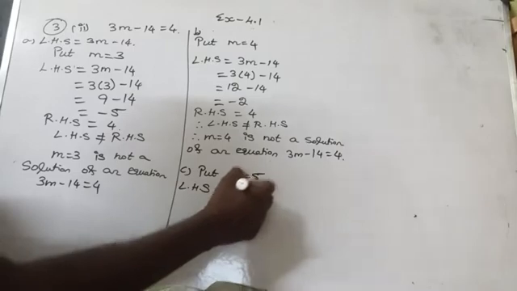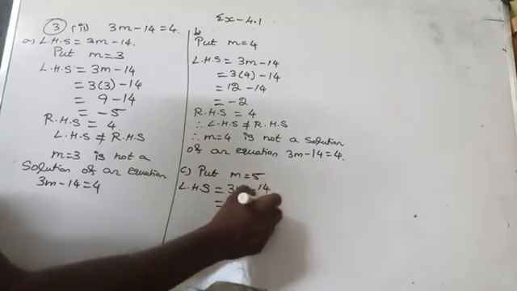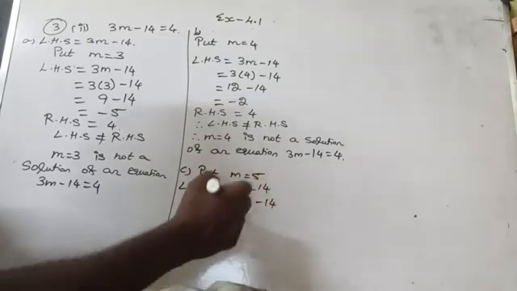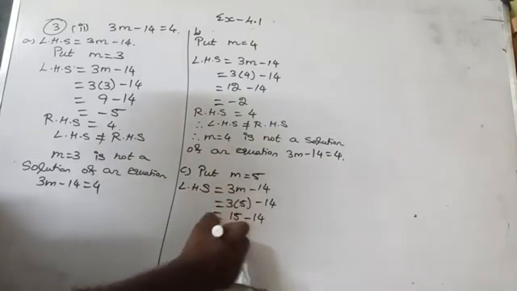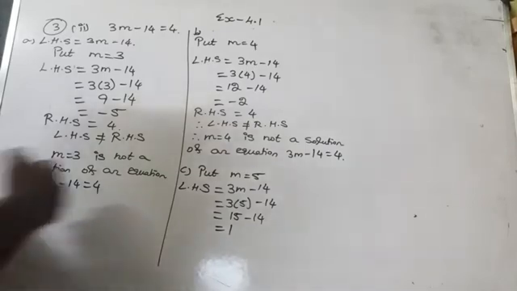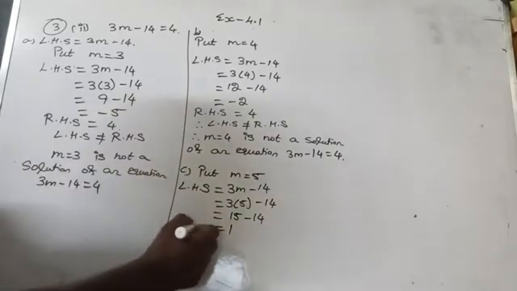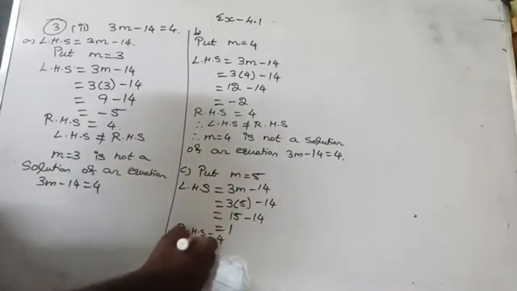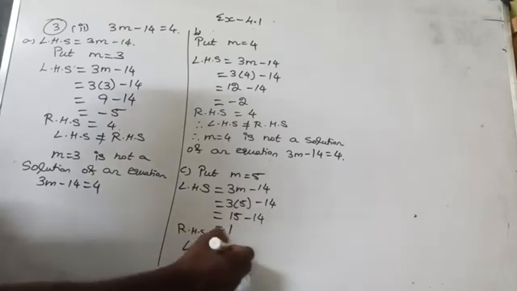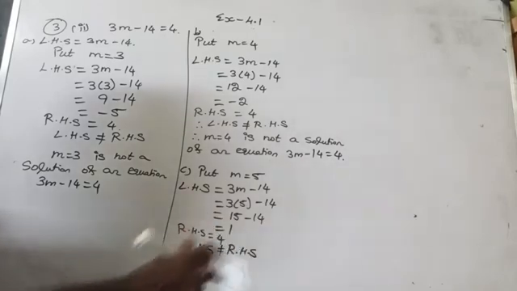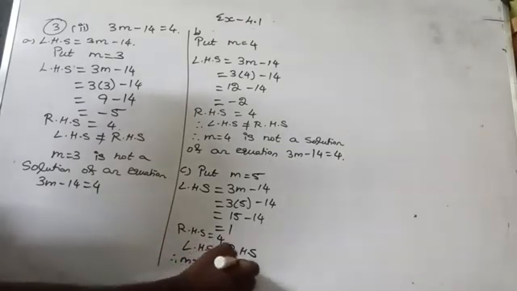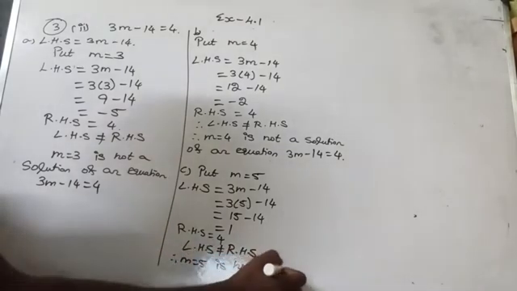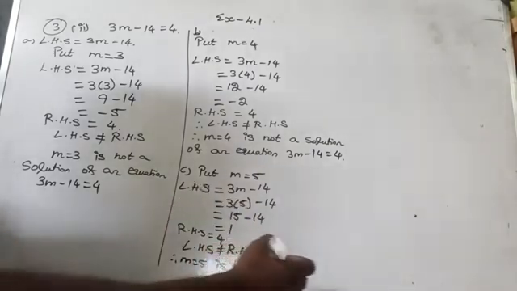Substitute m equal to 5: 3 into 5 minus 14. 3 5s are 15, minus 14. We get 1, which is not equal to the right hand side. The right hand side is 4. The left hand side is not equal to the right hand side. Therefore, m equal to 5 is not a solution of the equation.